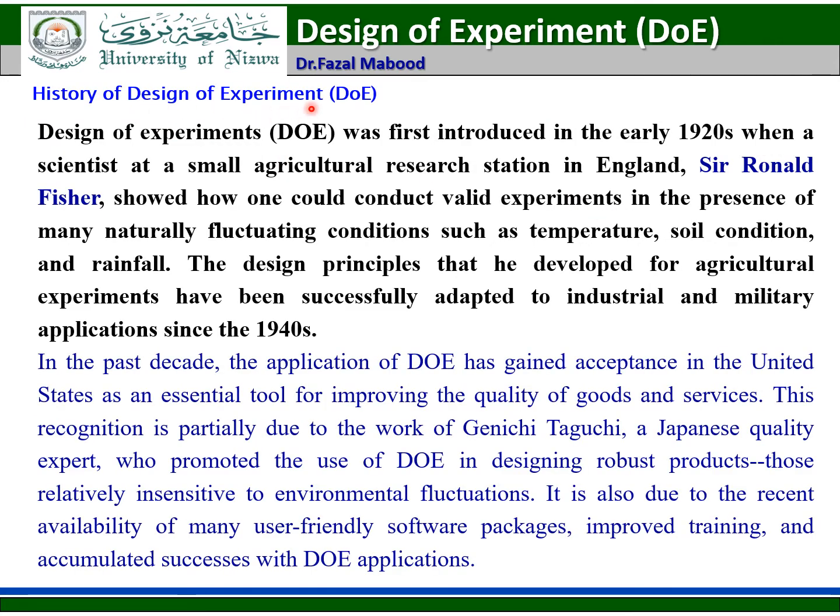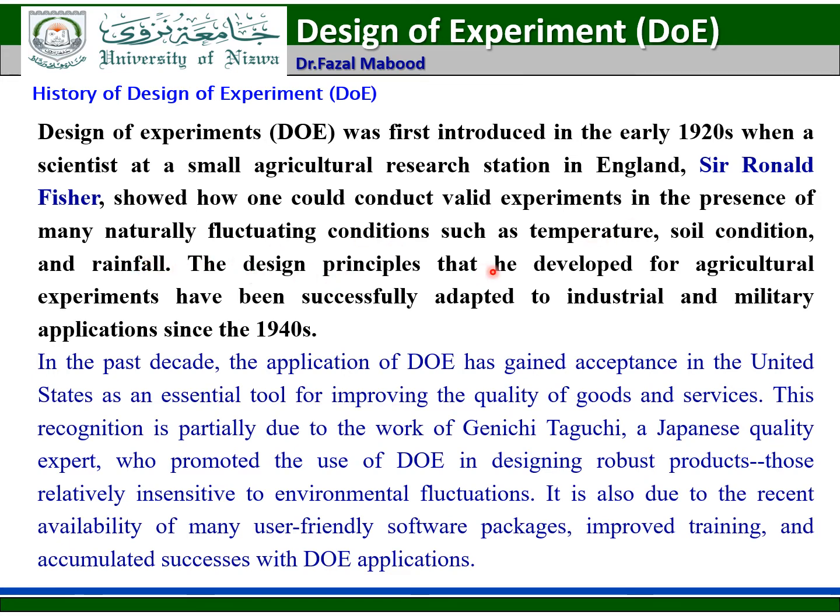History of design of experiment. Design of experiment was first introduced in the early 1920s by a scientist at a small agricultural research station in England. Sir Ronald Fisher showed how one could conduct valid experiments in the presence of many naturally fluctuating conditions such as temperature, soil condition, and rainfall.